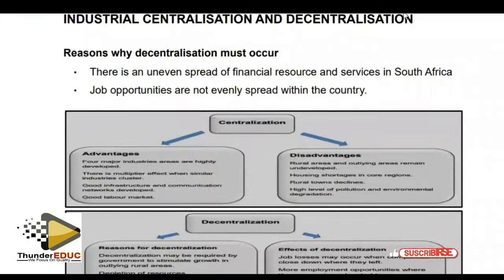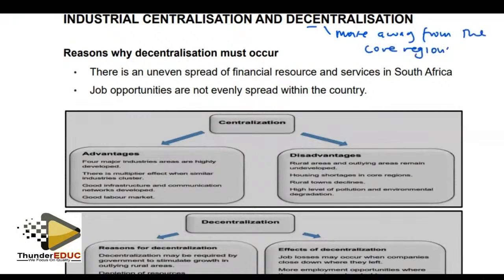So let us look at industrial centralization and decentralization. Like we spoke earlier, decentralization of industries is when industries move away from the core regions to the other areas.